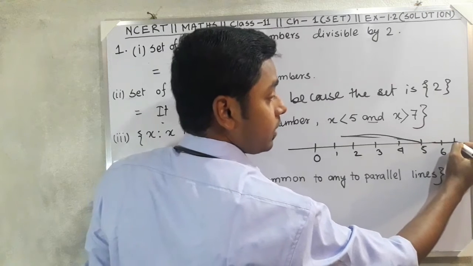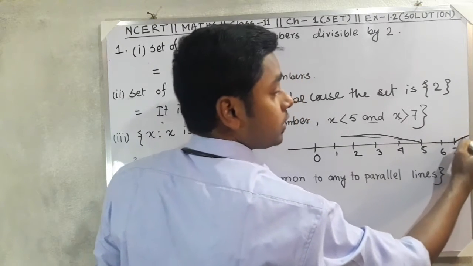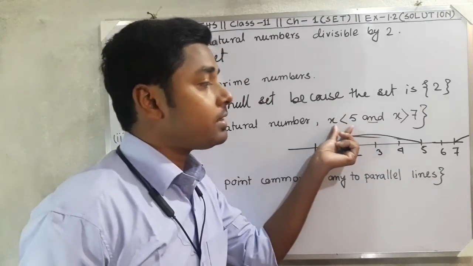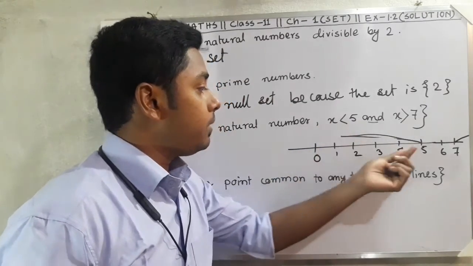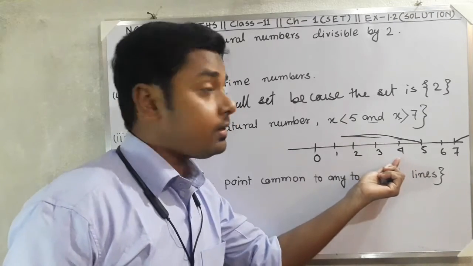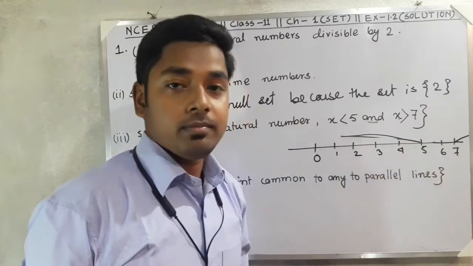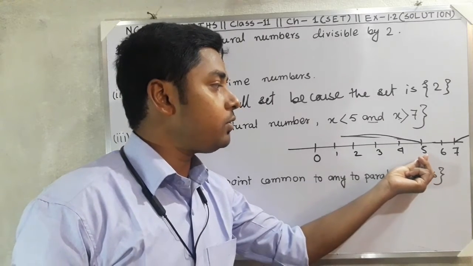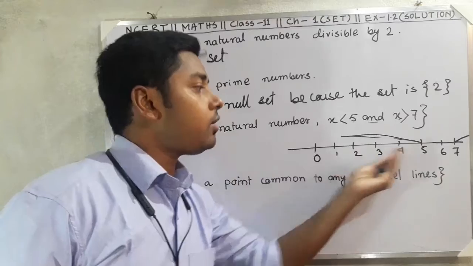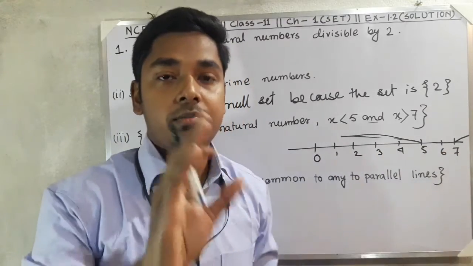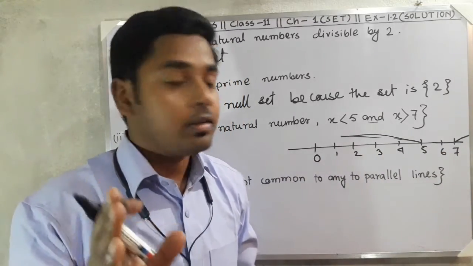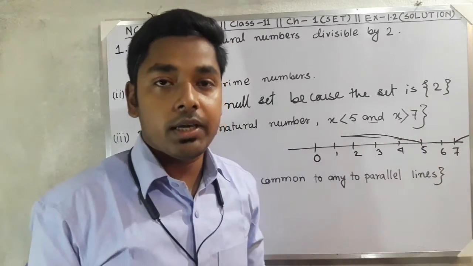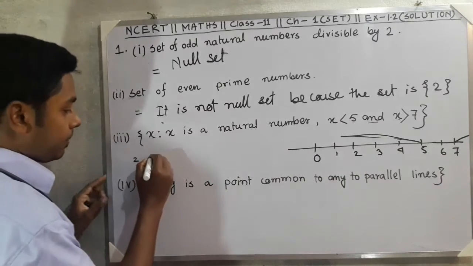That means x is simultaneously below 5 and greater than 7. It can't be possible. There is no number which is less than 5 and greater than 7. So we can take it as a null set.